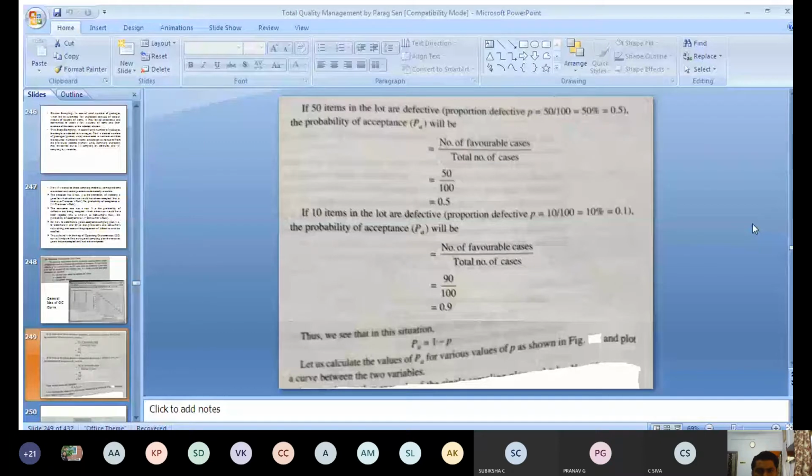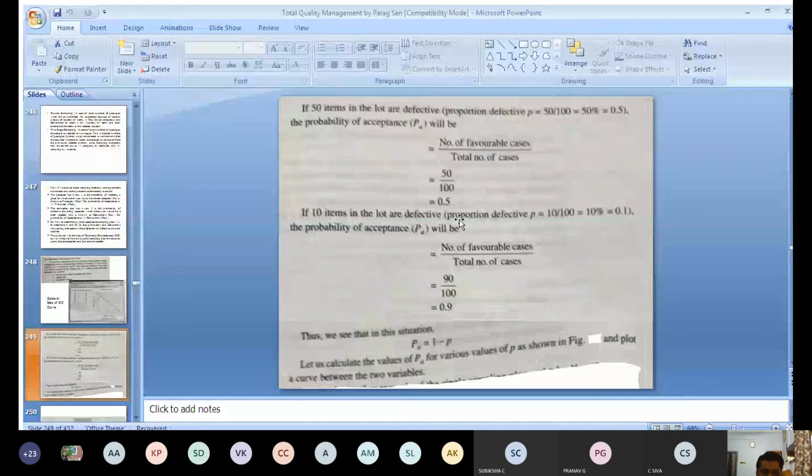So your proportion defective will be 50 divided by 100, which is 50%, or 0.5. So the probability of acceptance will be number of favorable cases divided by total number of cases. The number of favorable cases will be 100 minus 50, so 50 divided by 100. So you will have 0.5.